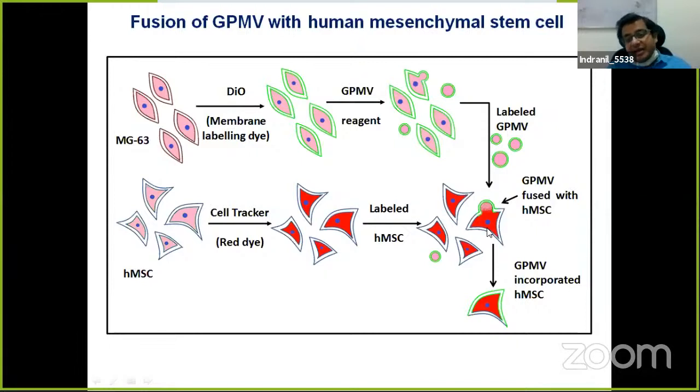The idea was that if fusion is taking place, we are going to get some cells where both green and red coexist. If that is there, then we can say that whatever content the GPMB had is being delivered to this particular mesenchymal stem cell.